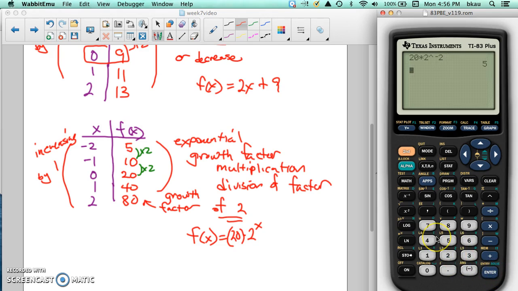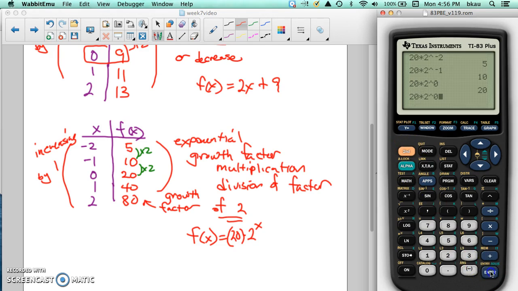I should get 5, and I do. If I hit second enter and bring that back and change this to 1, I get 10, which I do. If I second enter again, change this to 0, I get 20. And so forth and so on.